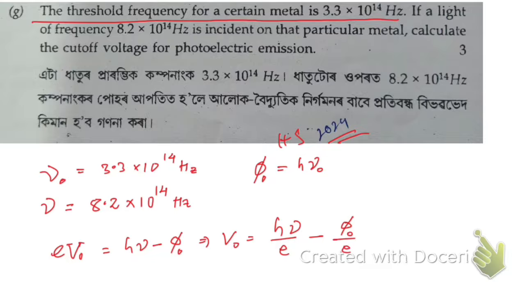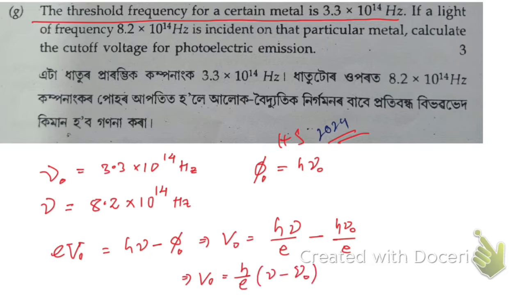Now let me put the values here. Then V naught will be equal to H nu, and instead of phi naught we're gonna write H into nu naught. Let me take common H by E and nu minus nu naught.